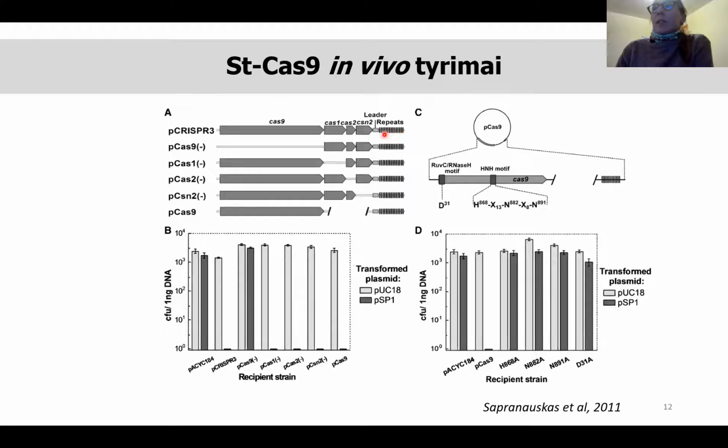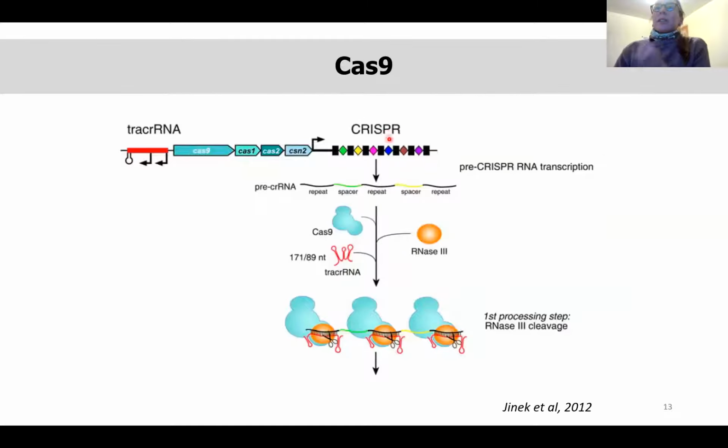But it doesn't work that easily. Scientists struggled, and it turned out that CRISPR action needs an extra piece of RNA, called tracrRNA, coded upstream of Cas9.